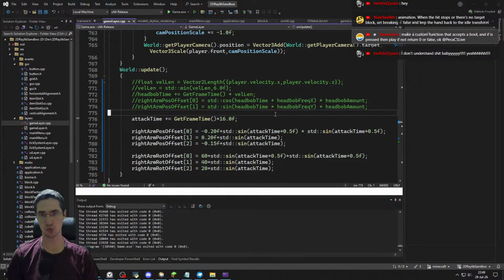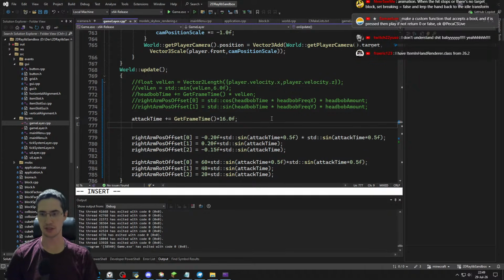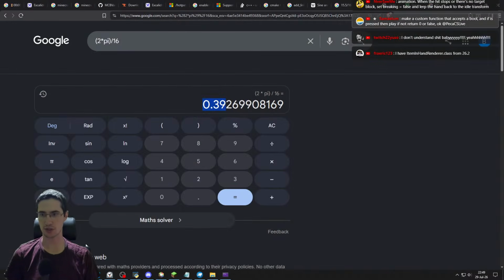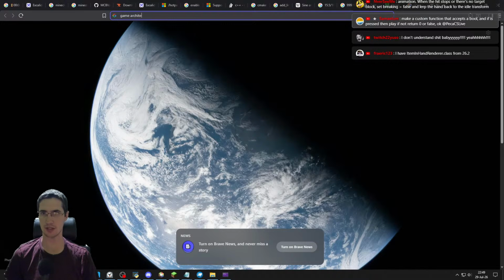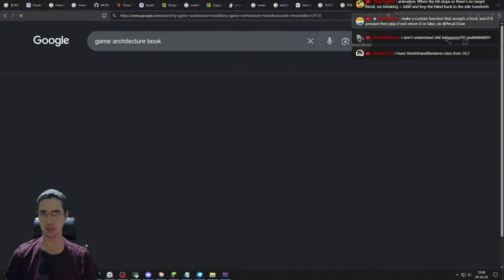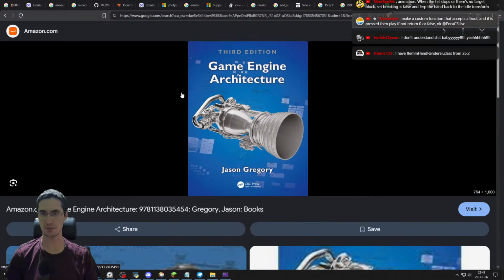Usually how I do animations in my Java clone is I have attack time be the current time. Because I used this book, chat, the game architecture book, the blue book, Game Engine Architecture.